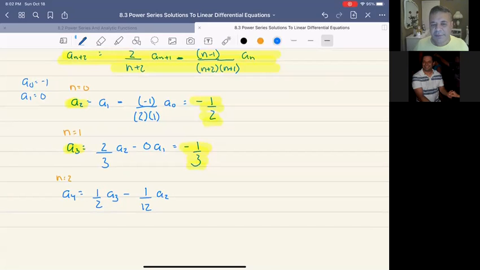Well, I know a sub 3 and I know a sub 2. So I'm going to get -1/6 plus 1 over 24, which is -3 over 24, -1/8.